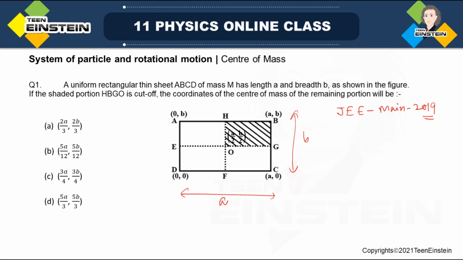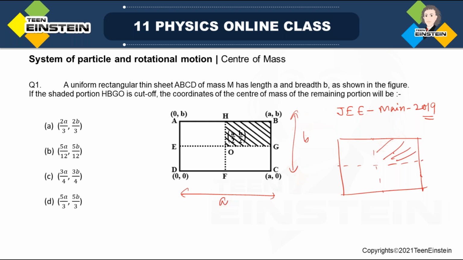In this figure, if I just consider 4 equal parts, when this part is removed from the whole sheet, what will be the center of mass coordinate of the remaining portion? That means this portion is not there.